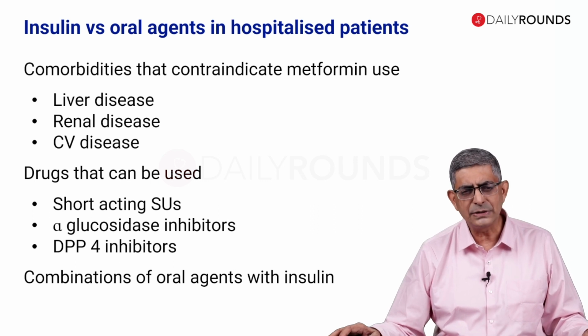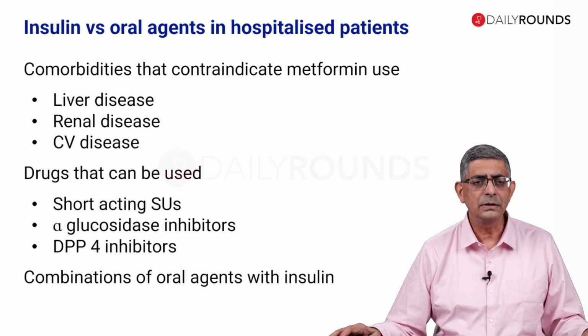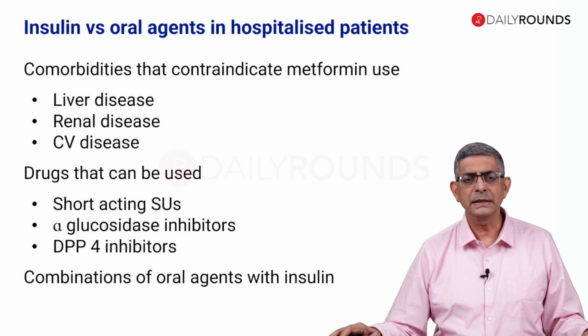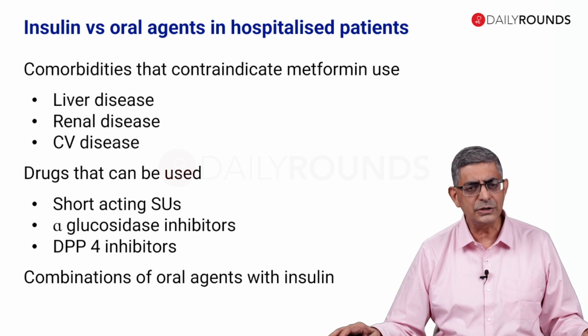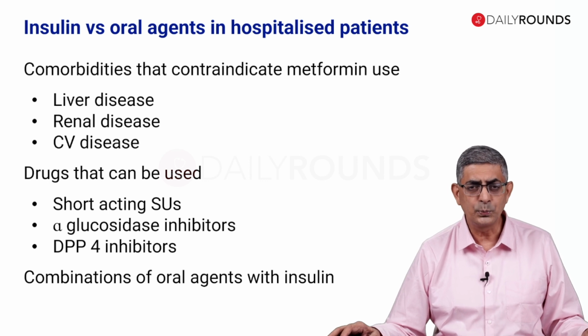Another drug that can be used, but with caution, is a short-acting sulfonylurea, but monitor for hypoglycemia. Alpha-glucosidase inhibitors can be used, but be careful because they can cause a lot of GI intolerance, and for a patient in the hospital with poor appetite, this can get aggravated.